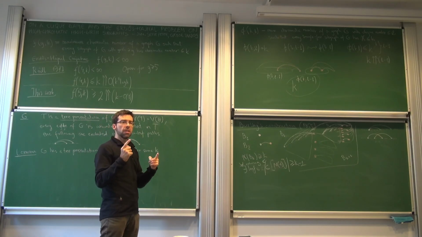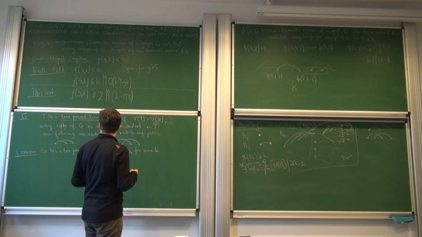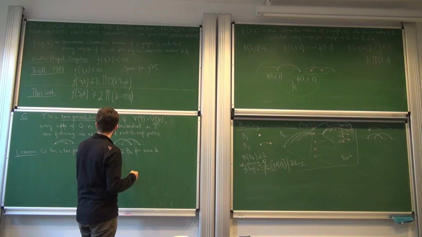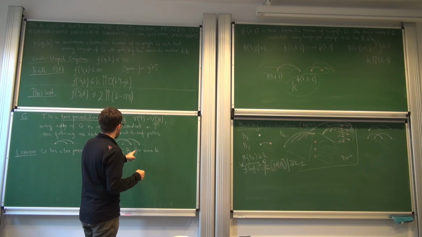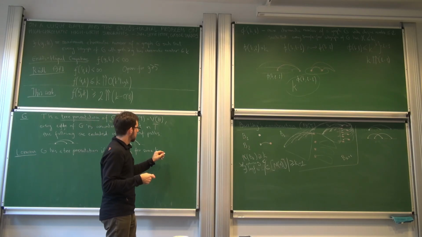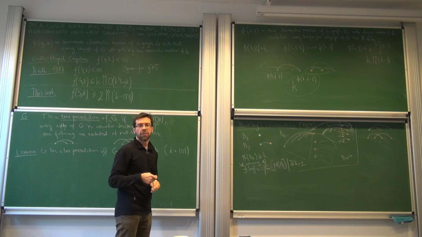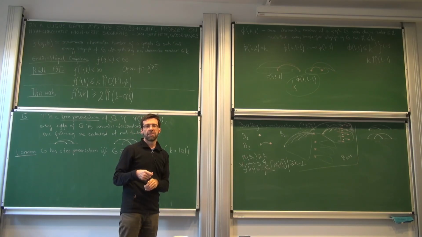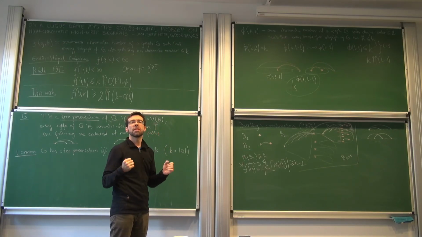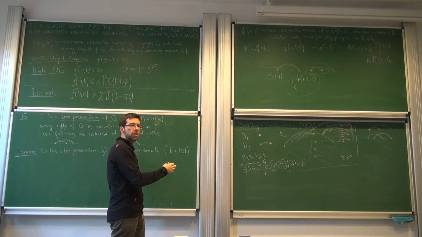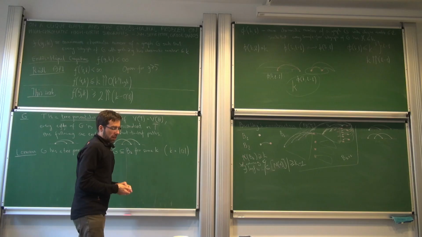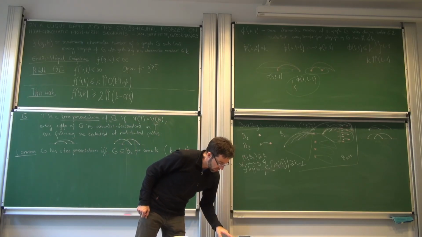And actually, we can say that if G has a tree presentation, then here we can take k equal to the number of vertices of G. If we want some kind of quantitative results, then going this way, this is what we can assume.